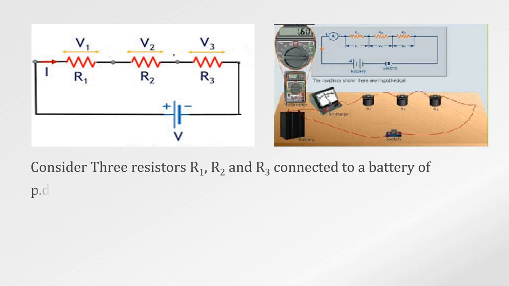How do we get their total resistance? Consider three resistors, R1, R2 and R3, connected to a battery of PD V as shown.